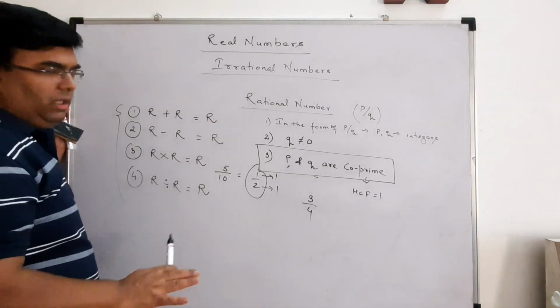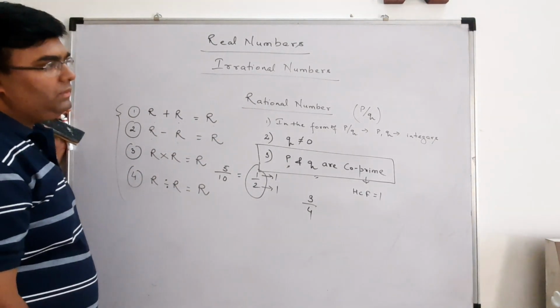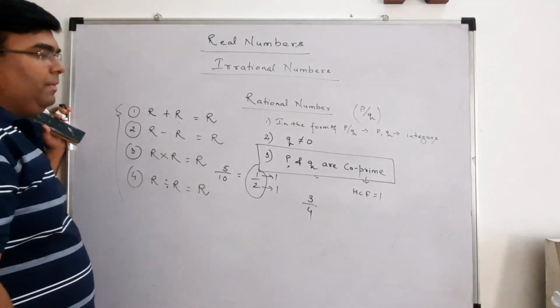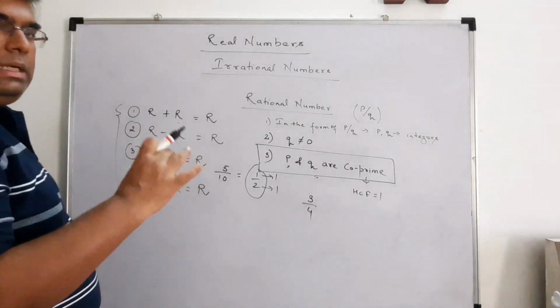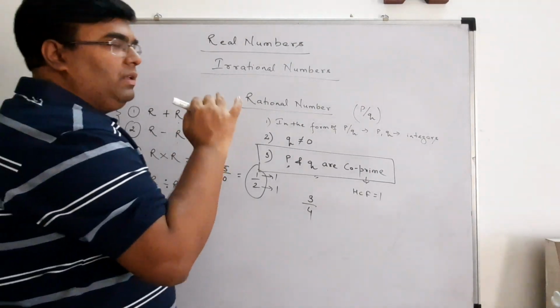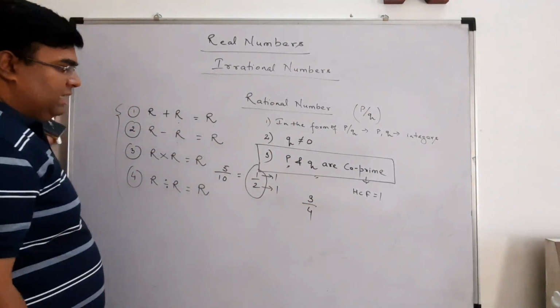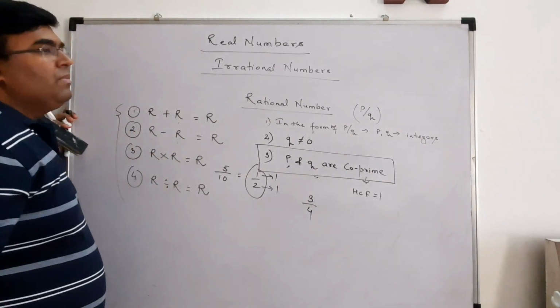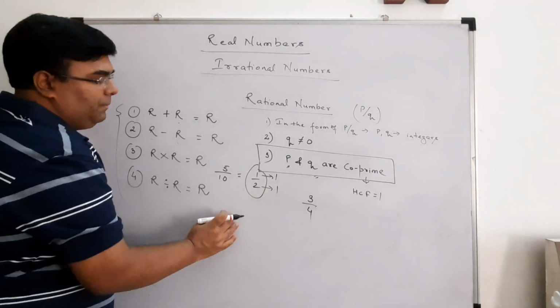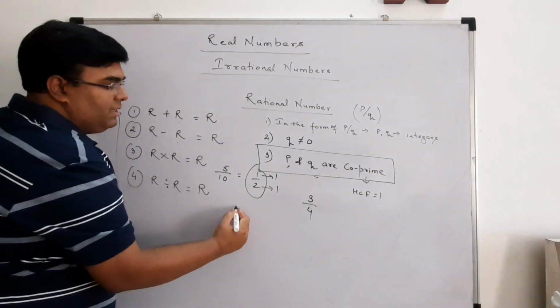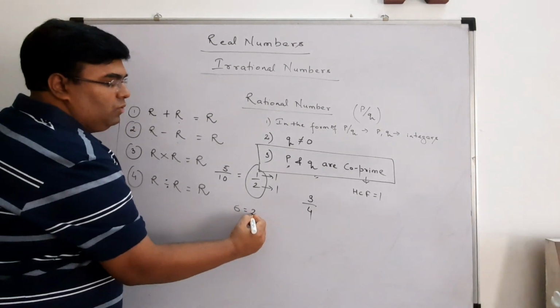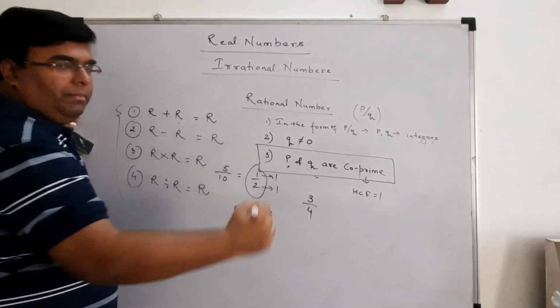Okay, so clear till here? Now next concept. Again, I am telling you all the concepts which are required to prove an irrational number. First is my definition, second is this form. Now third, suppose I write 6 is equal to 2 multiplied by 3.